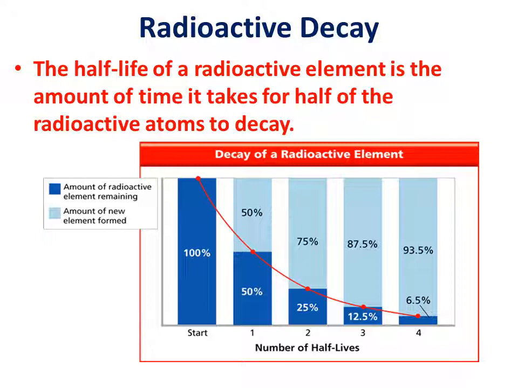And then again it changes to 12.5 and 87.5. Finally you can see it's 6.25 and 93.75. So during each stage, half of the element changes into a new one and only half remains.